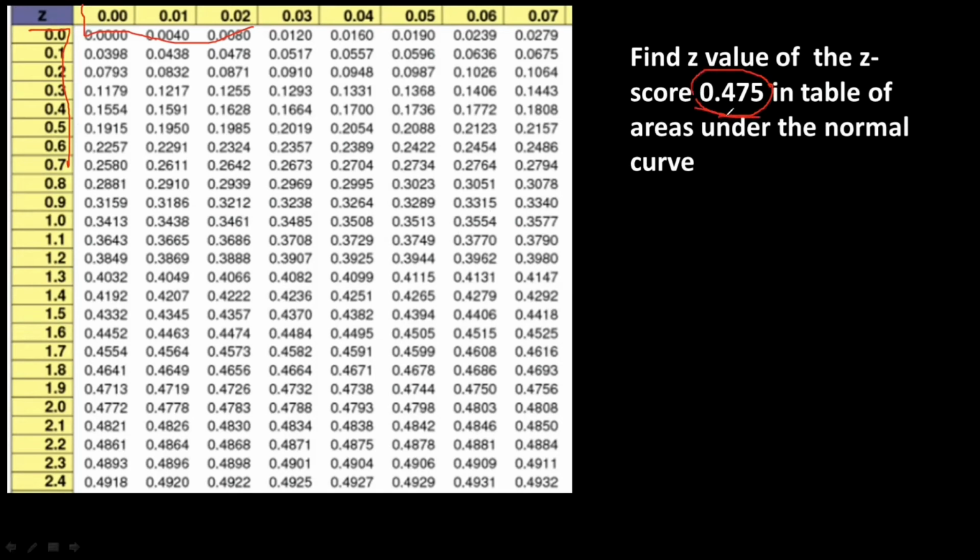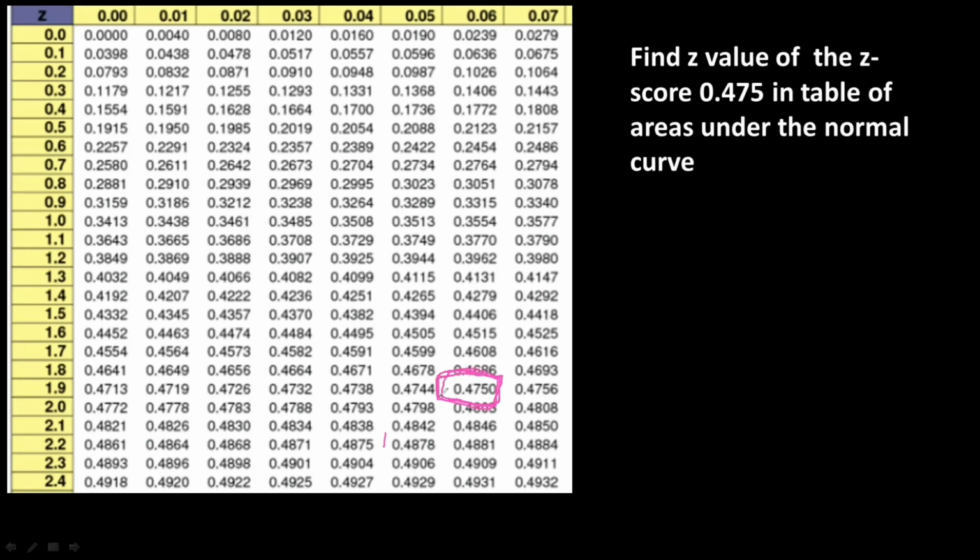Since this is the area, so dito natin siya hahanapin. Dito. Yan. So, hahanapin natin yung 0.475. Kung nakikita nyo po, eto, 0.475.